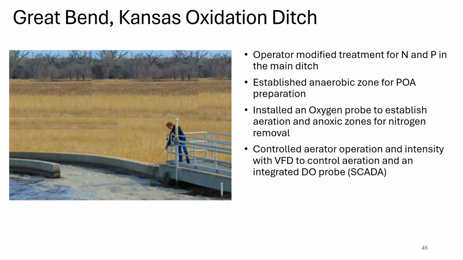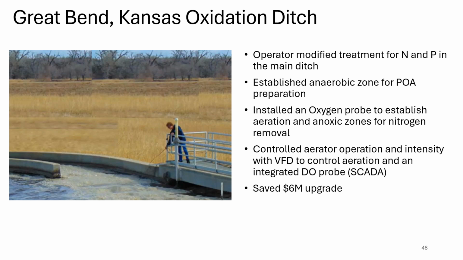And if the DO probe said, hey, we got 1 milligram per liter, then it would slow down. If it said, hey, we got only 0.1 here, maybe it would come on a little bit. They controlled it with a SCADA, and it took them a while to get it fine-tuned, but once they did, it worked.